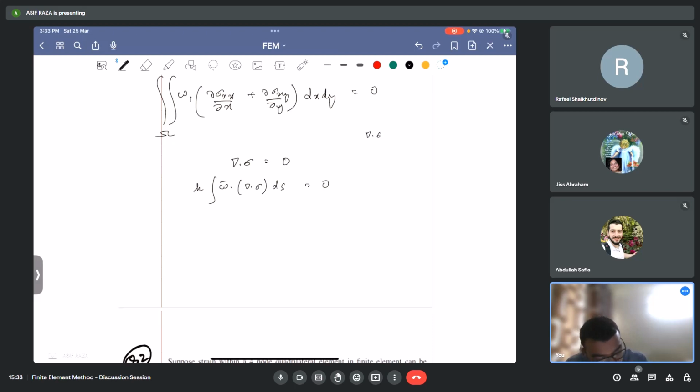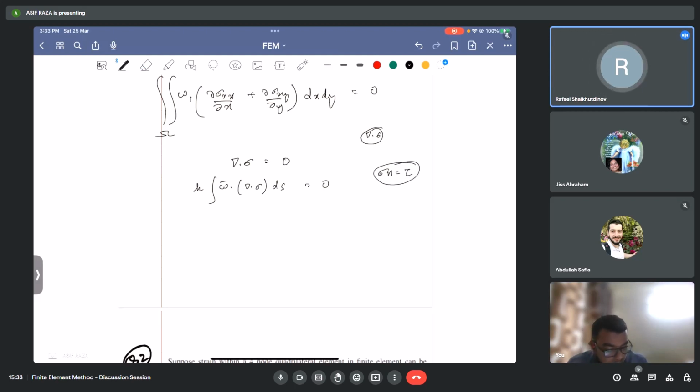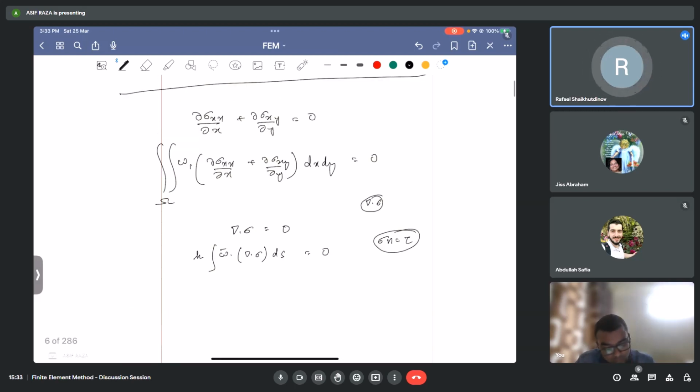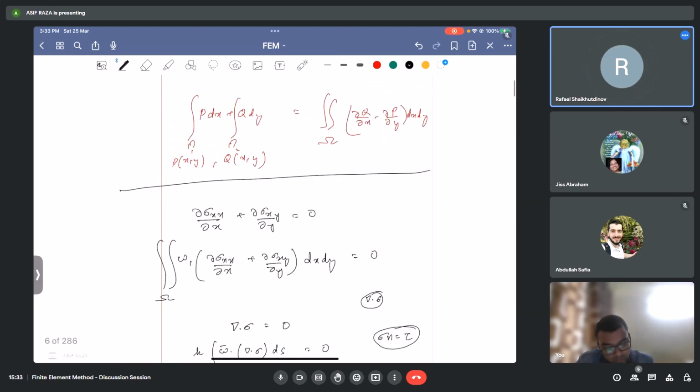Are you sure that we should have a boundary integral here, a curve integral, an integral along the curve?